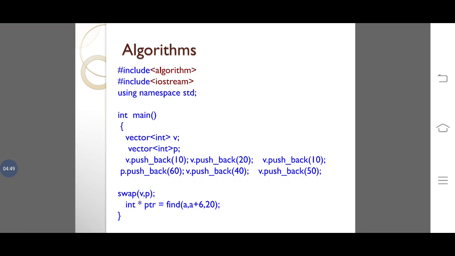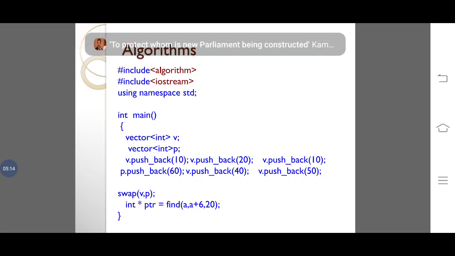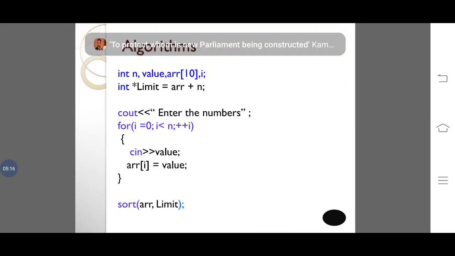Again, you can use the find function. Suppose I want to find 20 inside my range of A, that is an array. I directly write find(A, A+6), meaning from the 0th position of array A to the 6th position, I will find whether 20 exists in my array or vector or not. So the find function can be used as an algorithm.